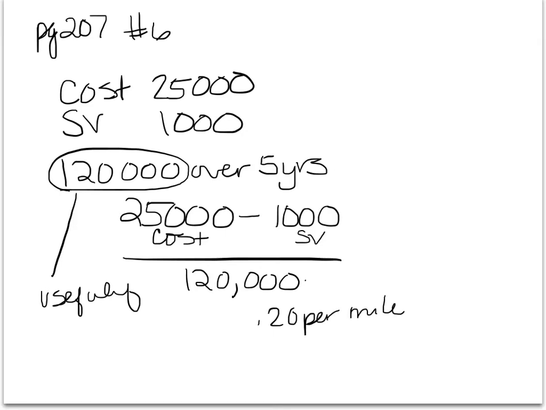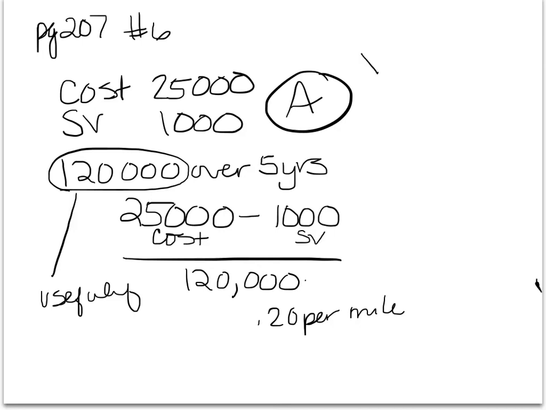It says calculate the depreciation expense per mile, so this is part A of the problem. Then: prepare a depreciation schedule assuming that the actual miles driven for year 1 through 5 were as follows.